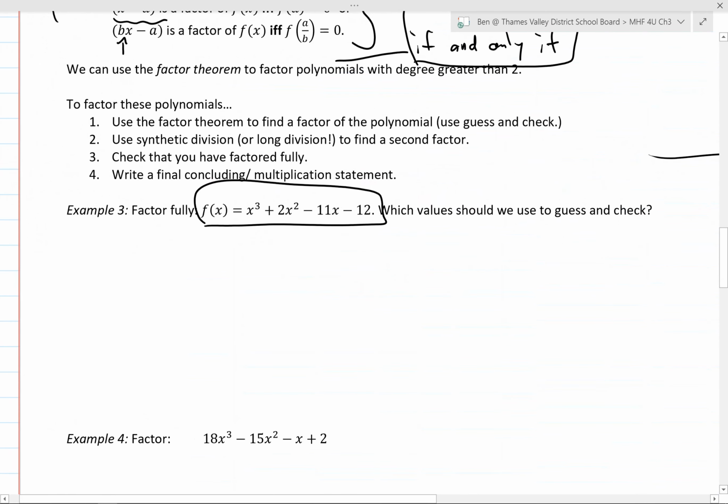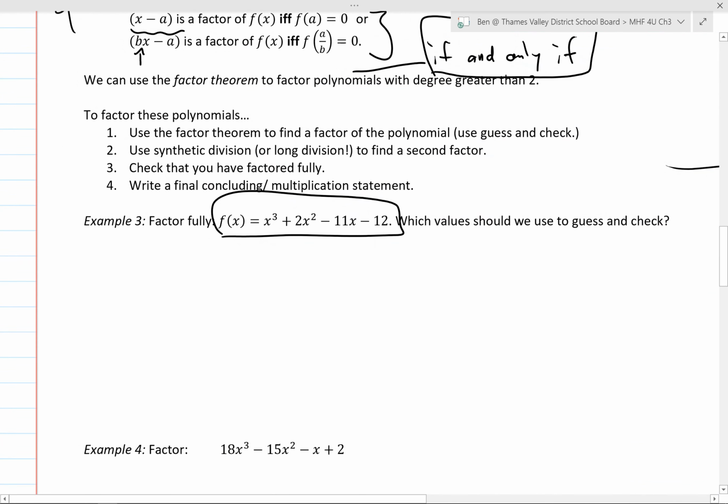That's going to be the same starting point that we take when we're working with functions that have a degree greater than 2. So this is a cubic function. It has a degree 3. We take our constant term, which is -12, and we want to use the factors of -12. So our possible roots are plus or minus, and really I can break it down.